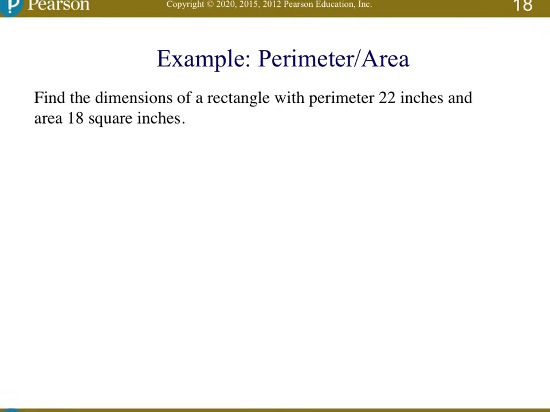All right, find the dimensions of a rectangle with perimeter 22 and area 18. So now we know both the perimeter and the area, but we don't have a picture, so I'll make my own.